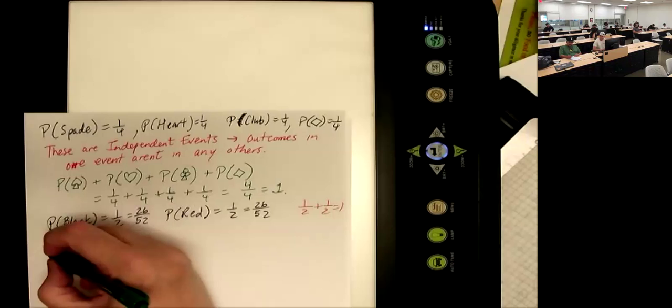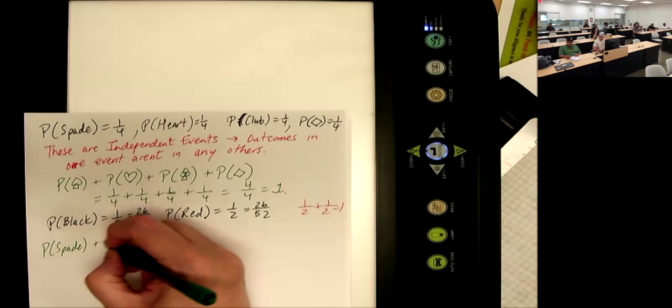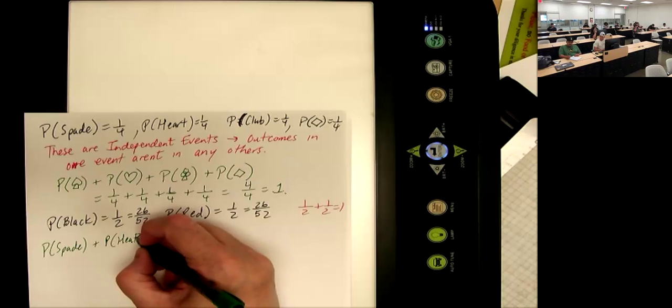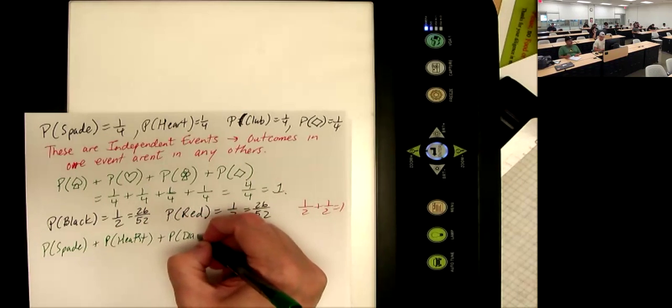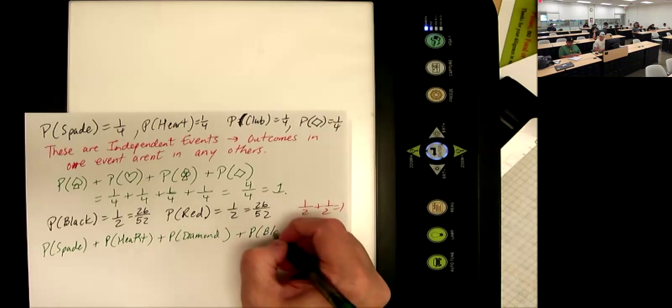If I try to say probability of a spade plus the probability of a heart, and diamond, and a black heart.